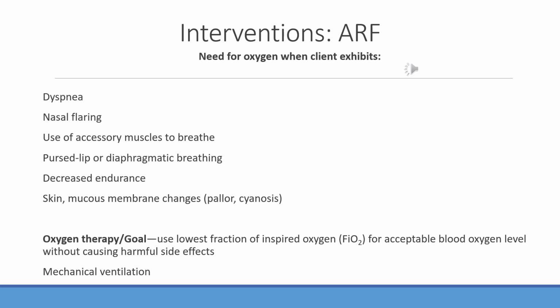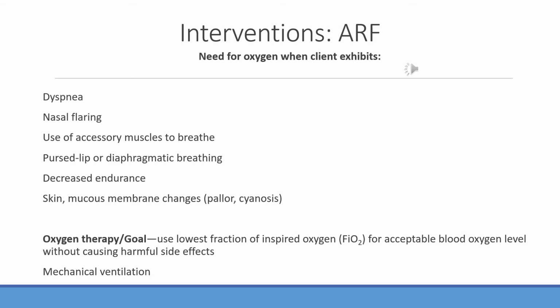Oxygen therapy is appropriate for clients with acute hypoxemia. It's used in acute respiratory failure to keep the arterial oxygen level above 60 millimeters of mercury while treating the cause of the respiratory failure. And again, you're always going to have to treat that cause. If O2 therapy does not maintain acceptable PaO2 levels, indicating adequate gas exchange, then mechanical ventilation, invasive or non-invasive, may be needed.